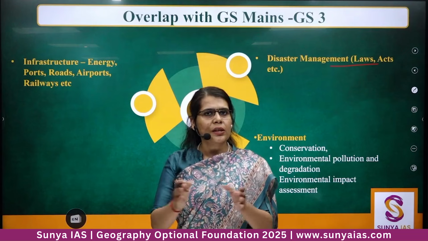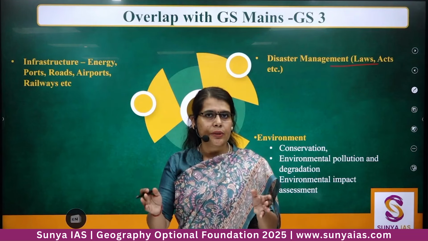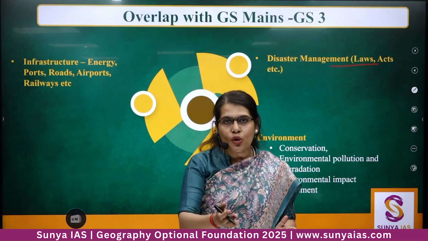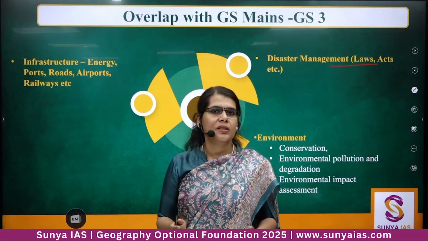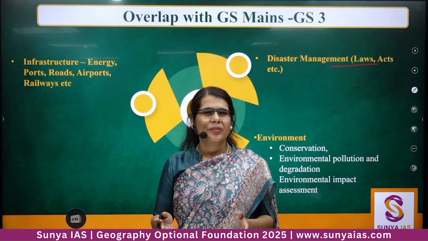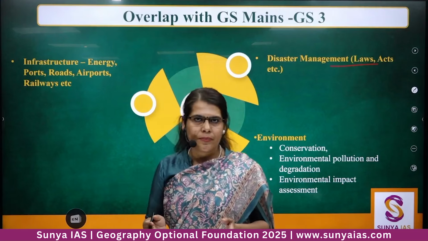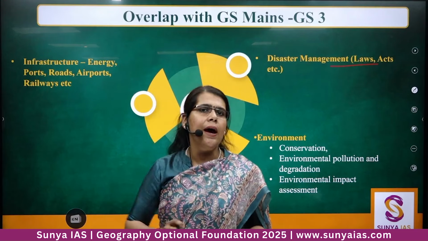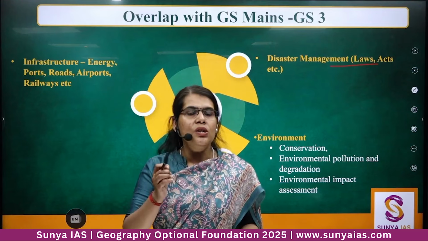That is, even if we are studying the different units holistically in a broader coverage, that would have a huge overlap with the GS paper 1, 2 and 3. But apart from that, also in the essay paper, from the two themes, one theme definitely has a huge overlap with the geography optional.